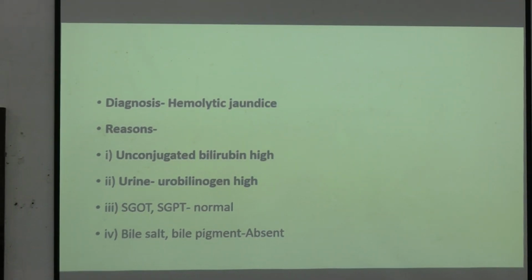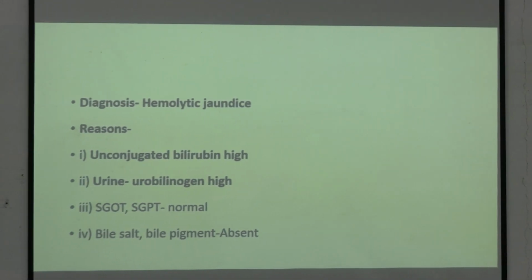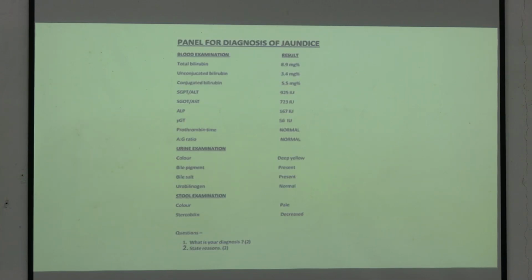Reasons: unconjugated bilirubin is high, urobilinogen high, SGOT, SGPT normal, bile salt, bile pigment absent. Next: total bilirubin 8.9, unconjugated bilirubin 3.4, conjugated bilirubin 5.5, and SGPT or ALT 925, SGOT AST 723, ALP 167, urine bile salt, bile pigment present.